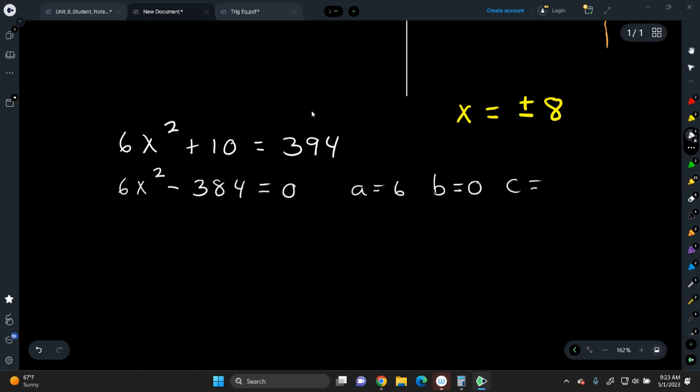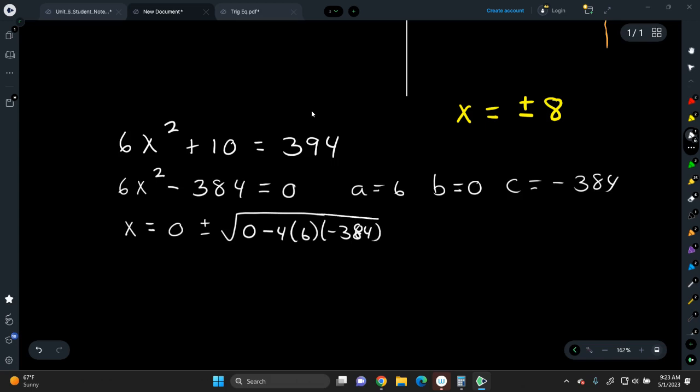And c equals negative 384. So we'd have x equals negative b, so that's 0, plus or minus the square root of b squared, so it's 0, minus 4 times a times c, all over 2a. So we get some big numbers.